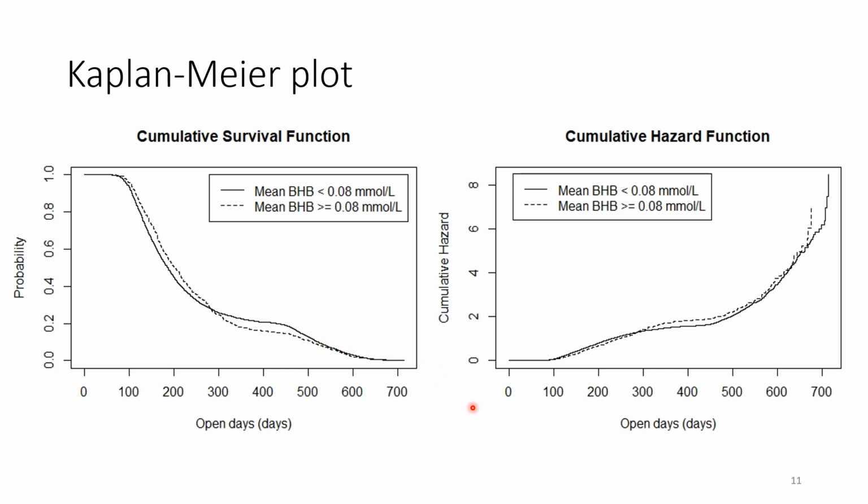And on the right-hand side, there's a cumulative hazard function. We can see that before open day 300, the cows with lower milk BHB mean have a higher hazard, which means they get pregnant more easily.